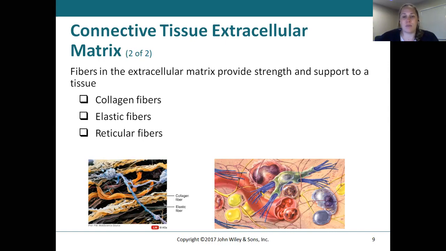So your reticular fibers would help make up that basement membrane. You can see here a nice picture of a collagen fiber and an elastic fiber as well. It's nice to see what those substances look like, not in a cartoon drawing, but what they really look like in the cell.